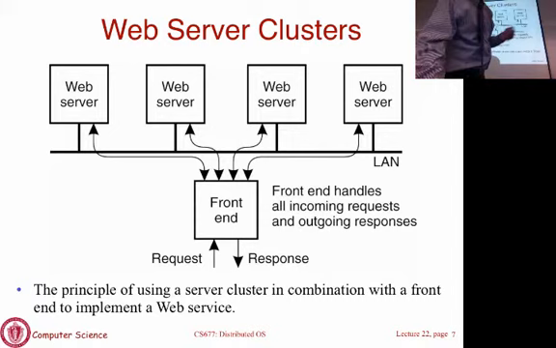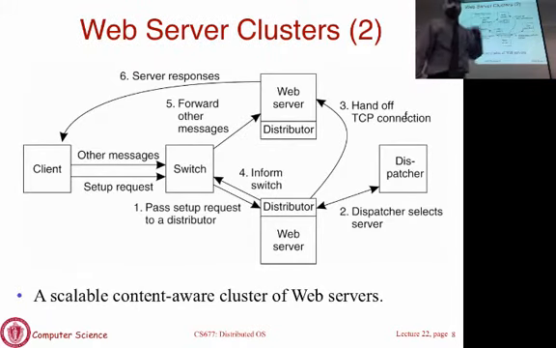Okay, so this is a web clustered architecture. What you just said is also shown here, which is a complicated sequence: the client first sends it to the load balancing switch. The load balancing switch may actually forward it to one of the websites. The websites may contact the dispatcher saying, should I take care of it or should somebody else take care of it?